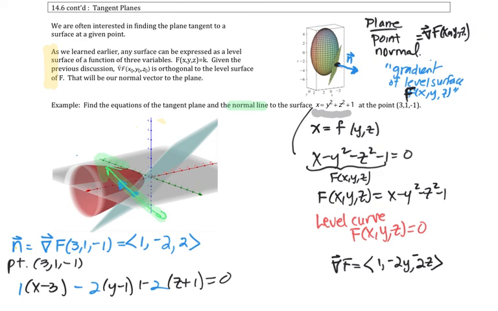That would be easy enough because all you need for that normal line is the direction vector, which you already have. The direction vector is right here. That's the direction vector for the normal line. And you have the point. So find a line with this as the direction vector and this as the point. I'll let you do that.